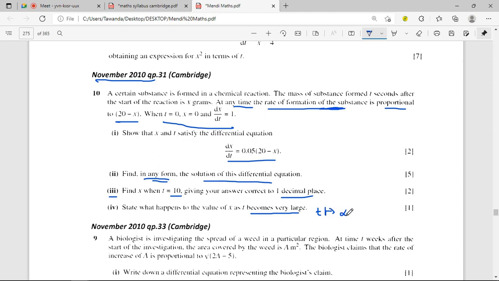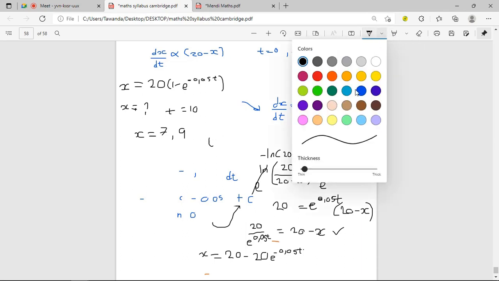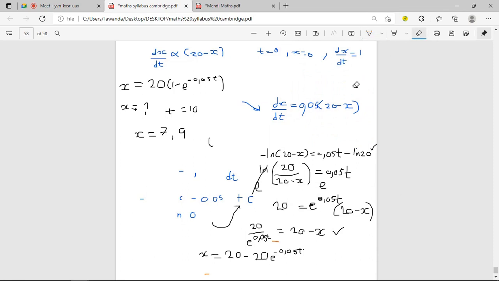Yes. t becoming infinity. So we want to find what happens to x as t gets large. Let me try to write it.